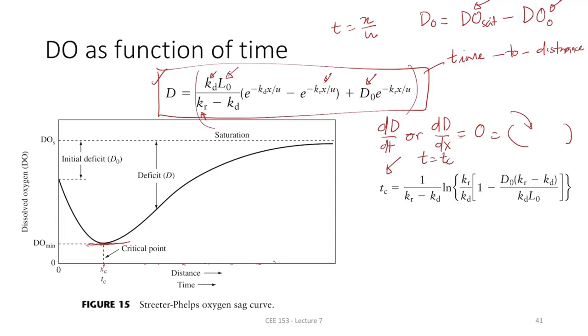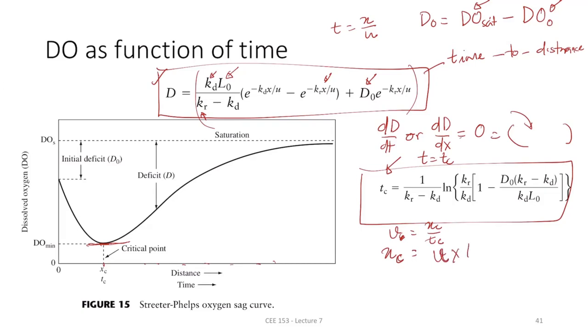Okay. So that value would be this. So if you know TC, you also know XC. XC is distance, and distance by time is velocity, so velocity is XC by TC. So XC is velocity, or U, times TC.